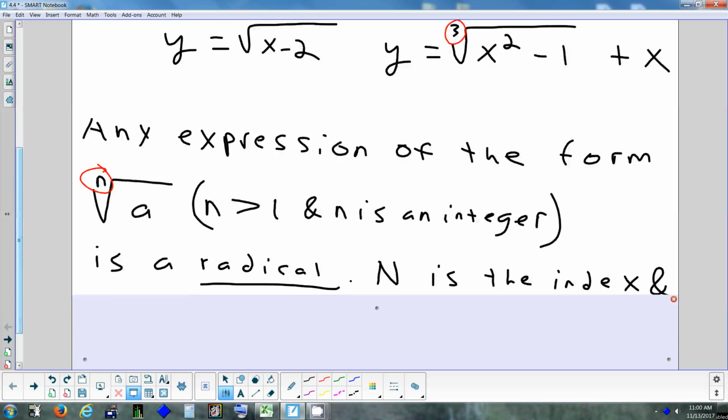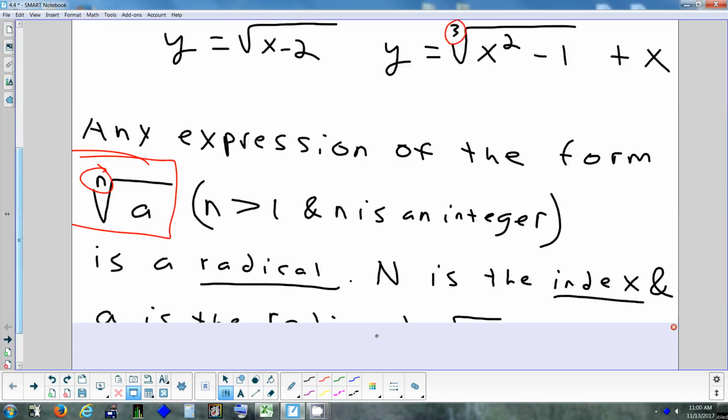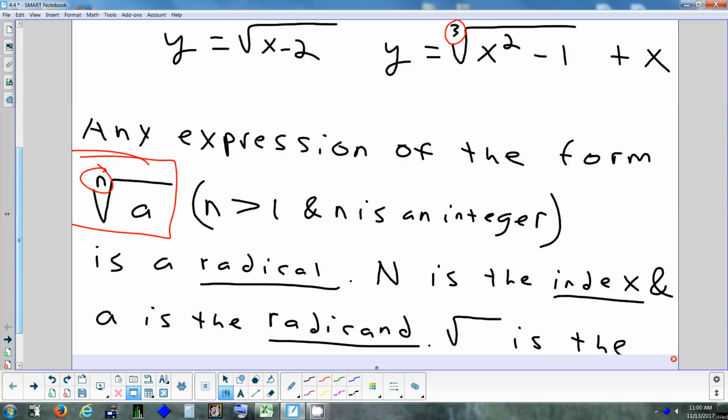So that whole thing that I just put a box around is called a radical. The thing that I circled specifically is called the index. What's under the root, the thing I put a wavy box around, that's the radicand. Whatever's under that check mark symbol is your radicand.